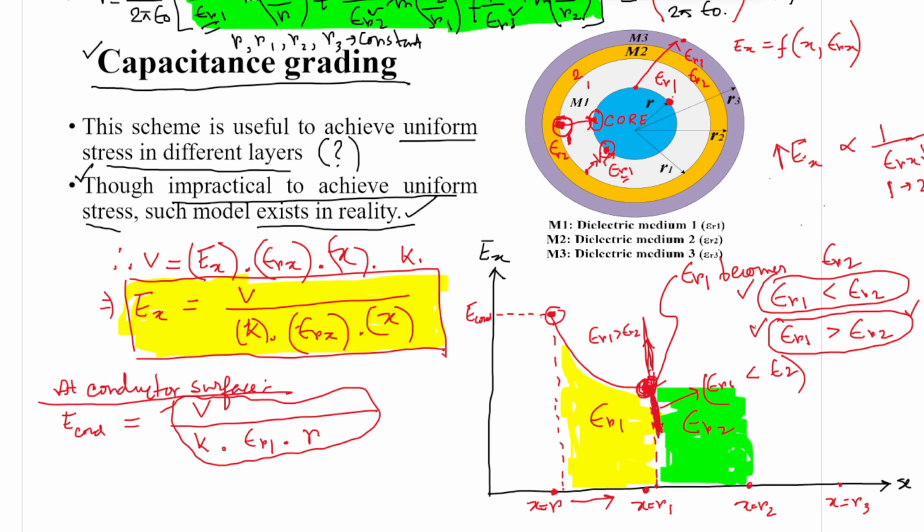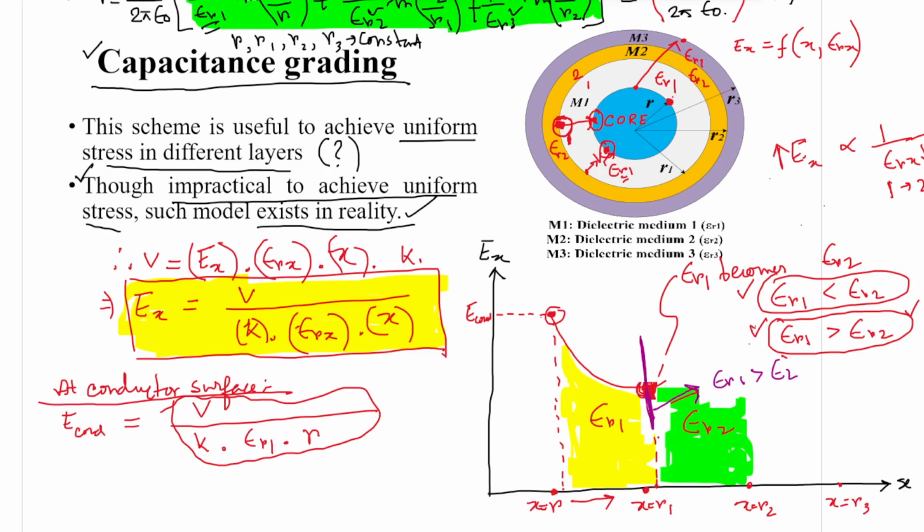I am writing again afresh with a different color. You will surely experience a dip; it may happen in this direction when epsilon R1 is less than epsilon R2. However, it may also go high like this, which happens when epsilon R1 is greater than epsilon R2.